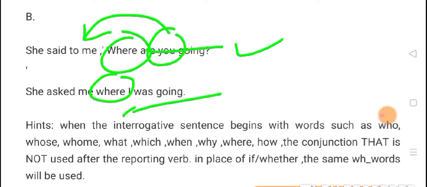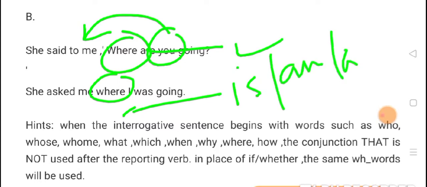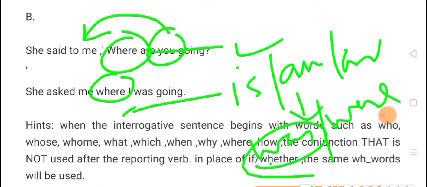I. And am, is, are will be changed into was, were. If there is am, is, are in reported speech, so it will be changed in indirect into was, were. If the subject is singular, so was, and if the subject is plural, then were. I think you know better.